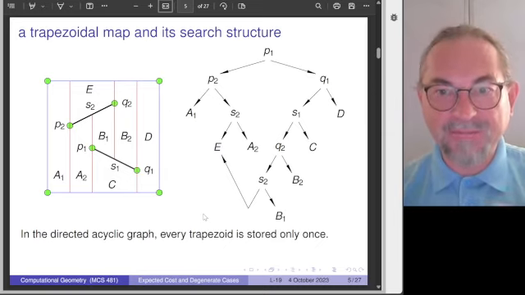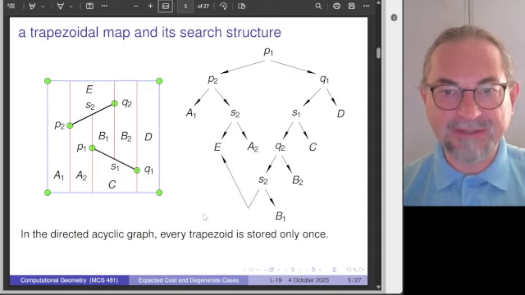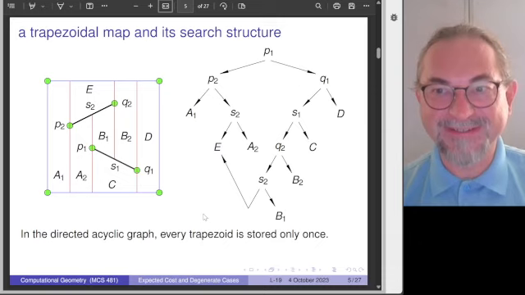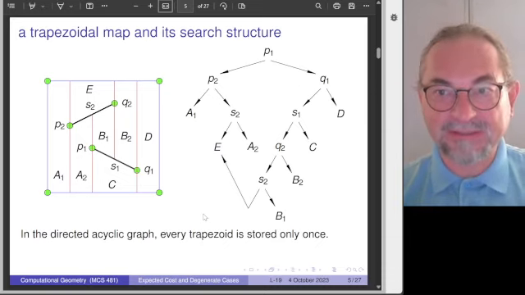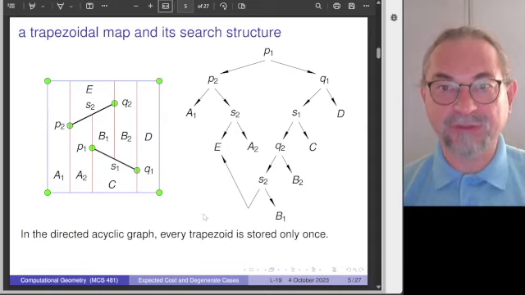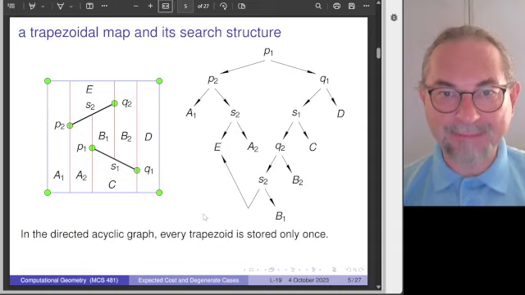And we have a directed acyclic graph, which was introduced in the previous lecture. In some sense, this slide summarizes the building of the directed acyclic graph that is associated to the trapezoidal map.